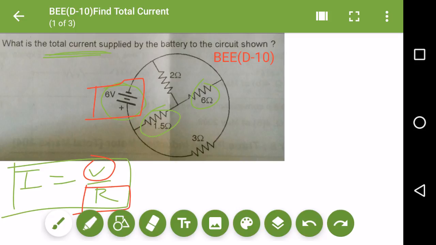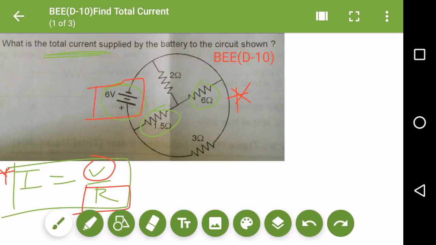We first need to find the total resistance of this circuit. After that, by putting in both values, we can easily find the current, which is the total current. So to find the total current, we need the total voltage and also the total resistance. Let's begin.